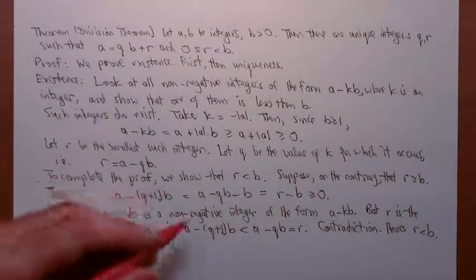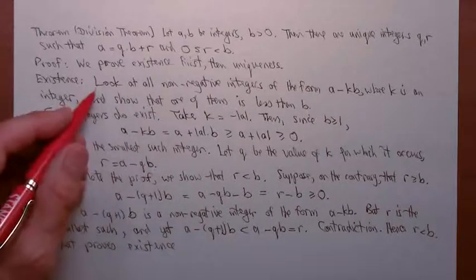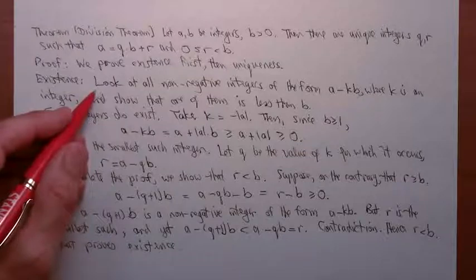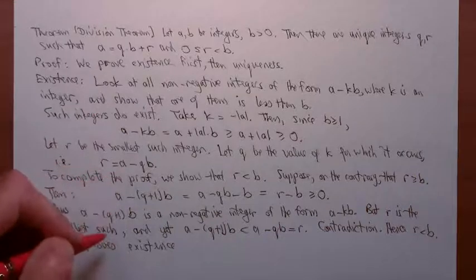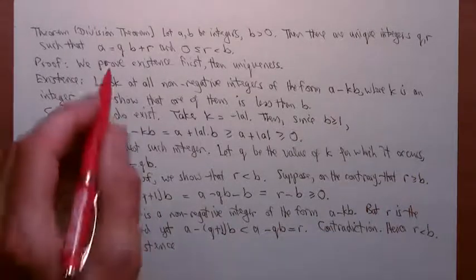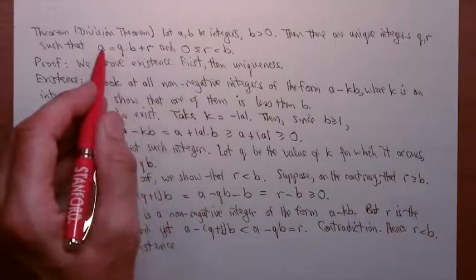If you haven't seen a proof like this before, it almost certainly looks very complicated. It's actually not complicated or deep, it's just intricate in its structure. The idea is to look at all of the possible candidates to make this true.